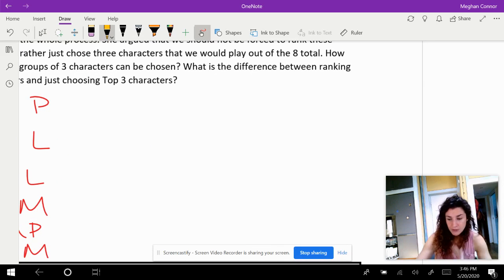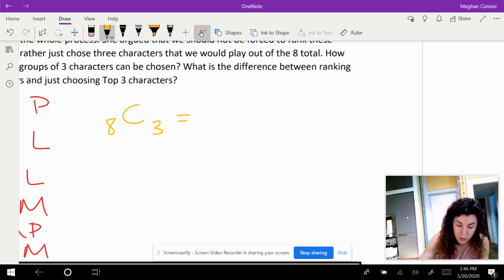So the number of different options there would be 8 choose 3, and 8 choose 3 would be 8 factorial over 3 factorial times 5 factorial.